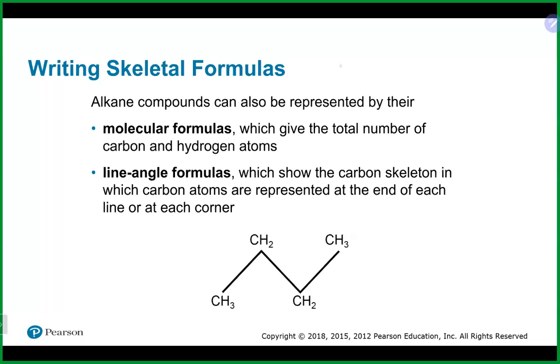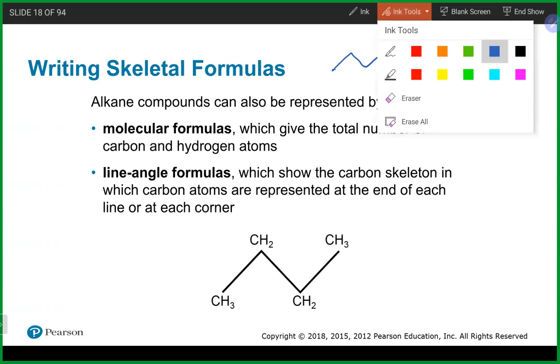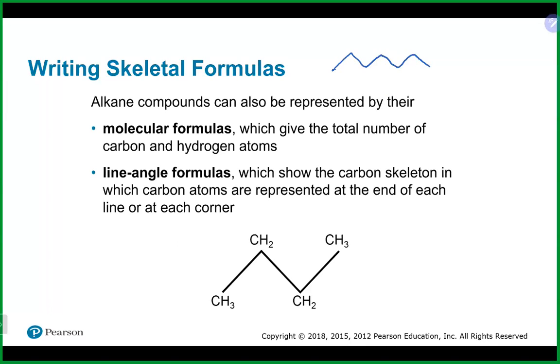So if I had something like this, how many carbons does that have, and what is it? This is 1 carbon, 2, 3, 4, 5, 6, and 7 carbons. So that would be 7 carbons.